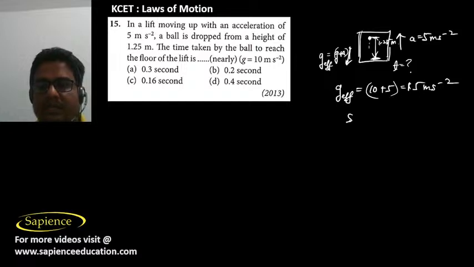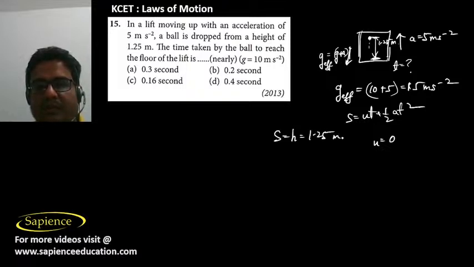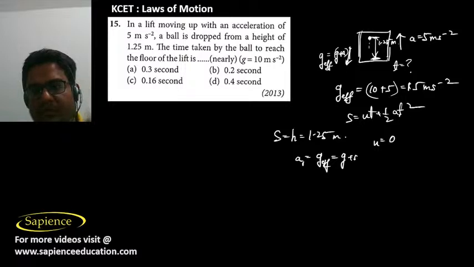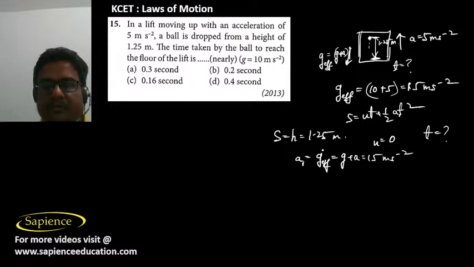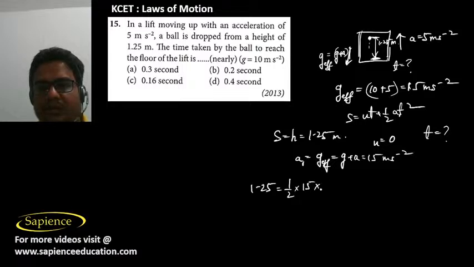So we can say that s is equal to ut plus half at square. The ball is dropped, so u will be equal to 0. Here s, which is the height from which it is dropped, is 1.25 meters, and the acceleration is the g effective, which you can call a1, equal to g plus a, which is 15 meter per second square, and we have to find the time t. So 1.25 is equal to half into 15 into t square.